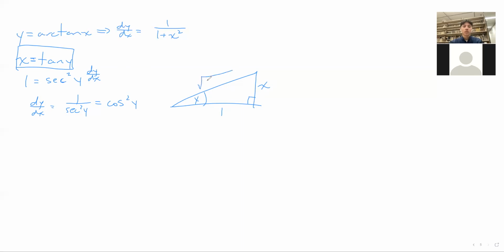And Pythagorean theorem tells me this hypotenuse has to be radical 1 plus x squared. And then from there, what is the cosine of y? It should be adjacent over hypotenuse, 1 over radical 1 plus x squared, all squared, and that's equal to 1 over 1 plus x squared.